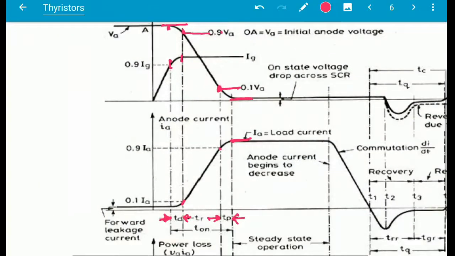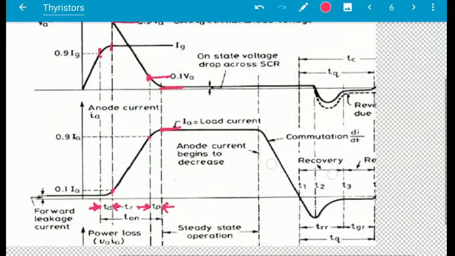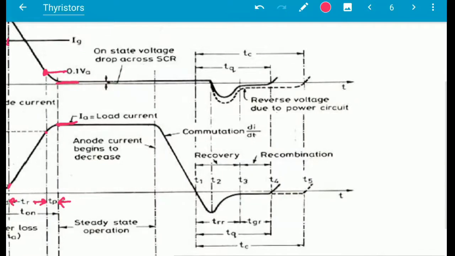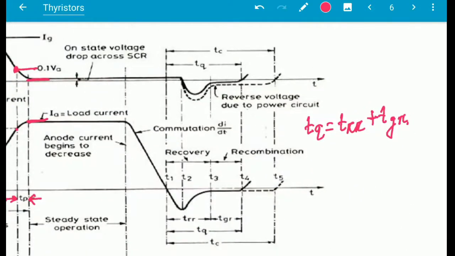And in case of turn off time, just like the diode turn off time, there is a reverse recovery time, and TQ is called the turn off time. TQ is equal to TRR, that is reverse recovery time, plus TGR, that is gate recovery time.